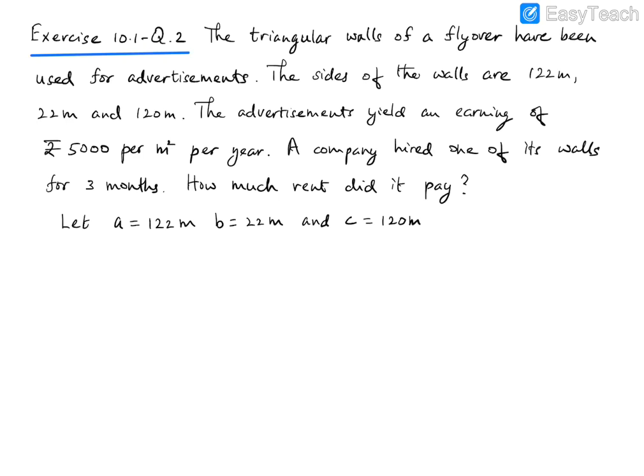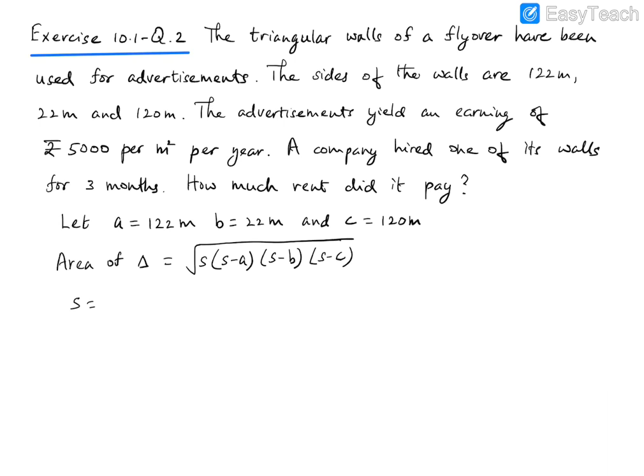So let us first compute S. So we know the S in the Heron's formula, or let me write the Heron's formula expression first. Area of triangle by Heron's formula is the square root of S into S minus A into S minus B into S minus C. And we know that S is nothing but the semi-perimeter.